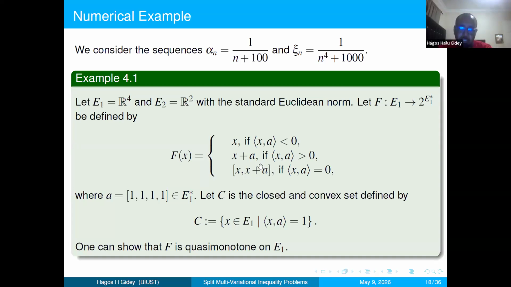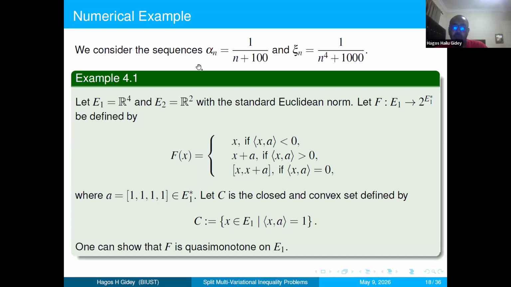And this F is quasi-monotone. It's not pseudo-monotone. That's why we consider only quasi-monotone, which is not pseudo-monotone.